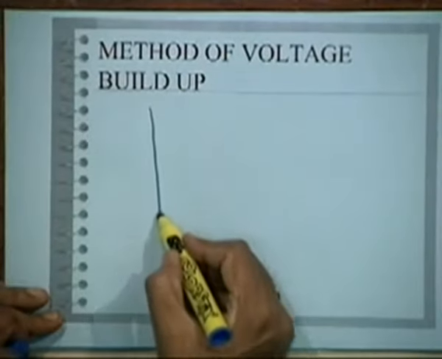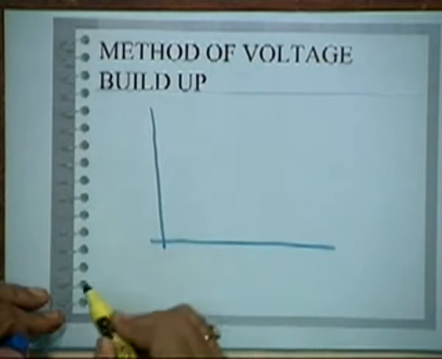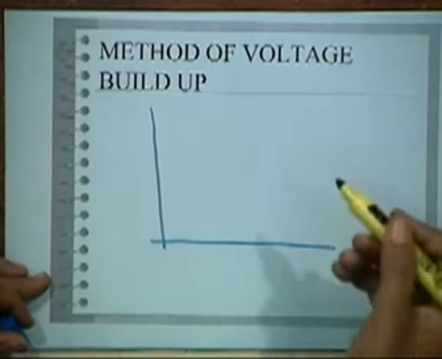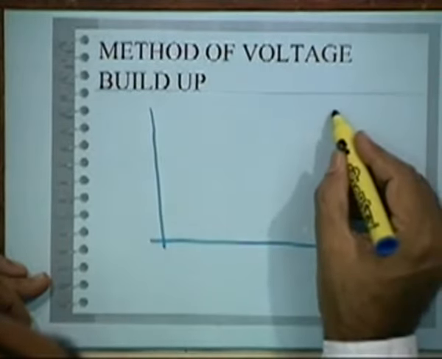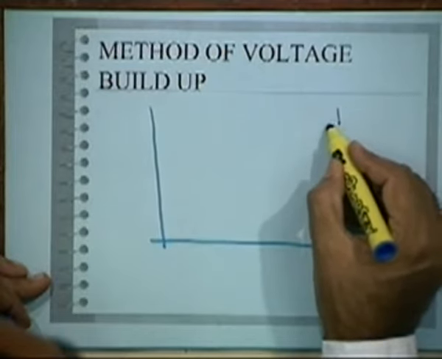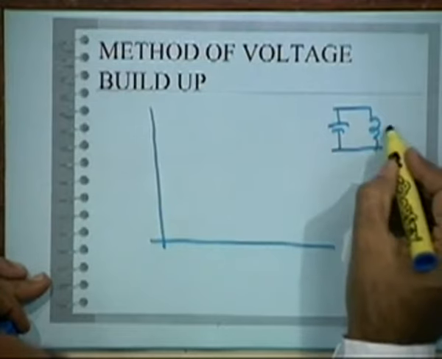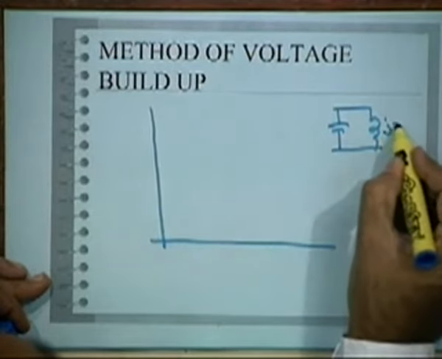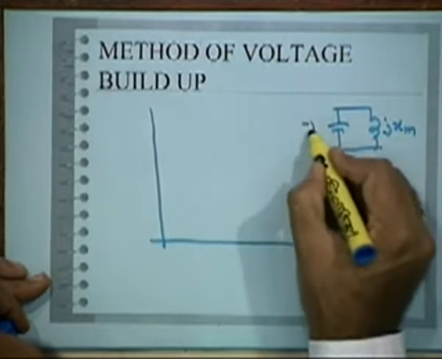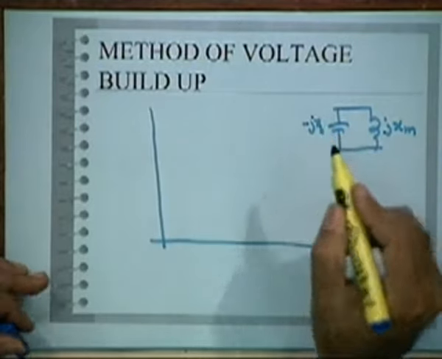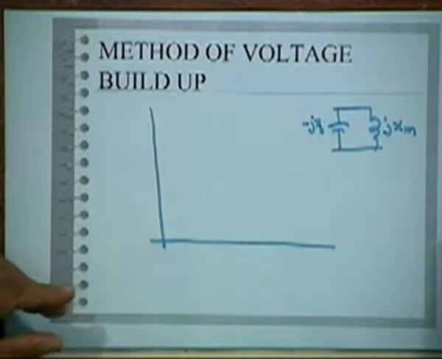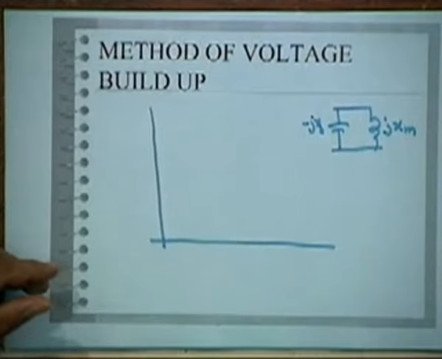So the theory behind this is as follows. After all, an induction machine can be represented by its magnetizing reactance, let us say jXm, and let us say minus jXc. So it is like a sort of resonance that this creates.